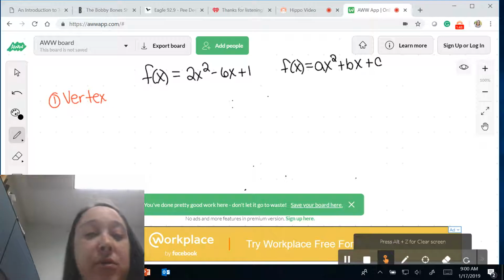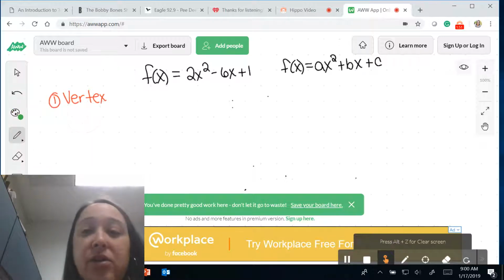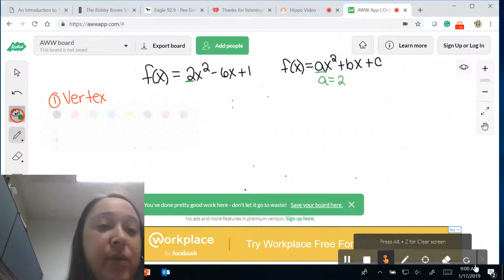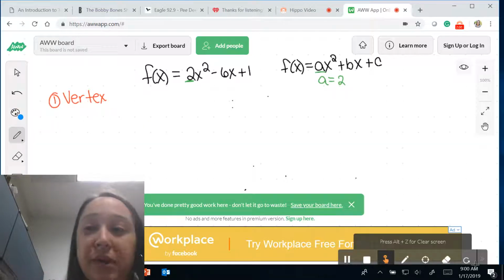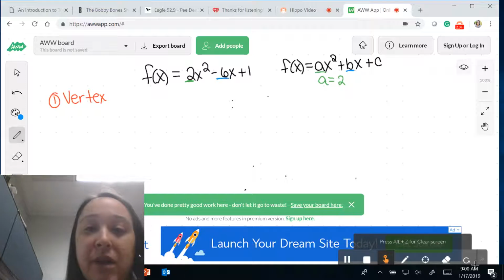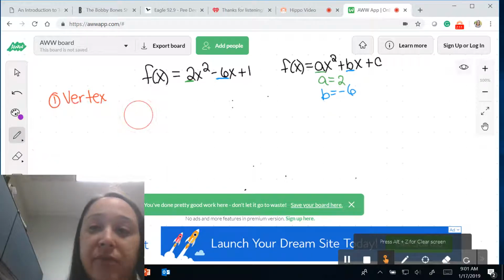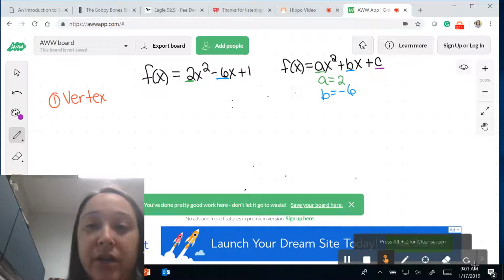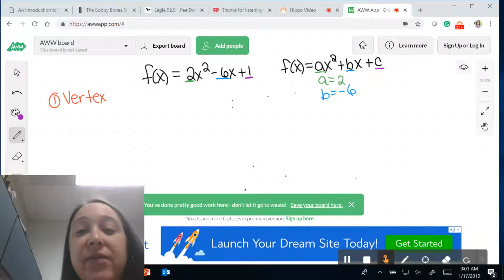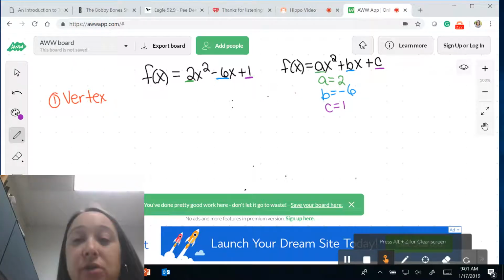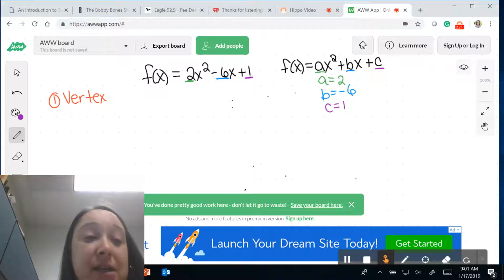So your A is 2, your B for this problem is -6, and our C is equal to 1.